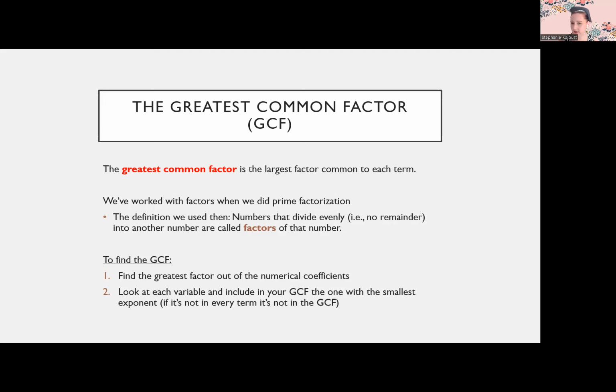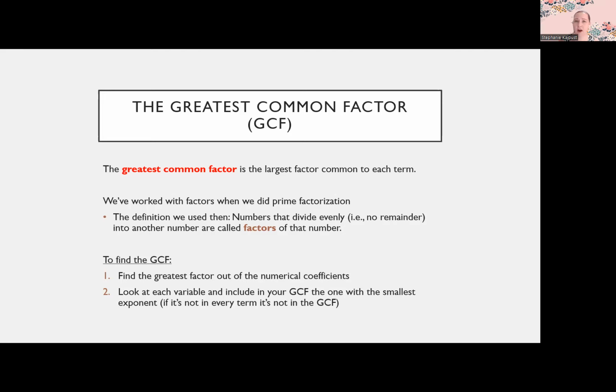To find it, first you need to find the greatest factor out of all the numerical coefficients. So you're looking for the largest number you can divide out of all of the coefficients, the numbers in front in each term. Once you've found that, then you're looking at your variables. You want to look at each variable that you have, because you may have more than one variable in a term.